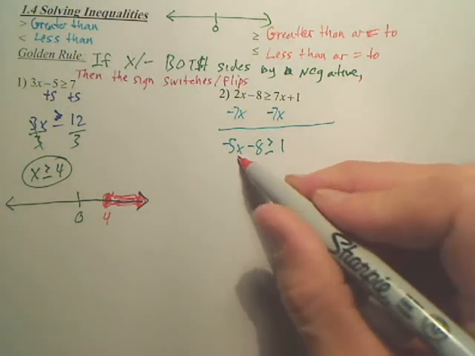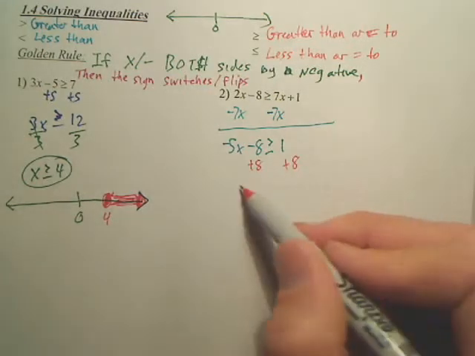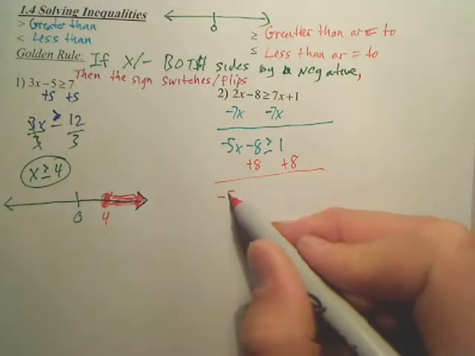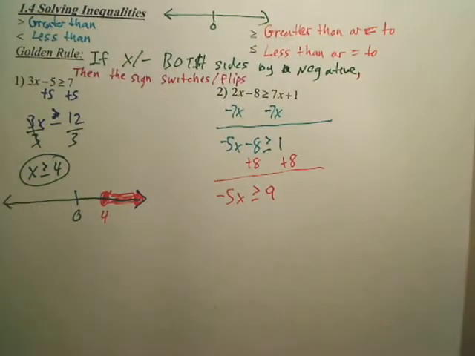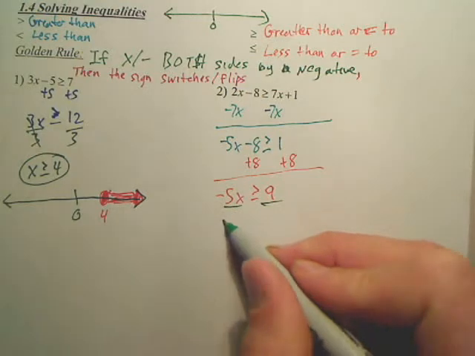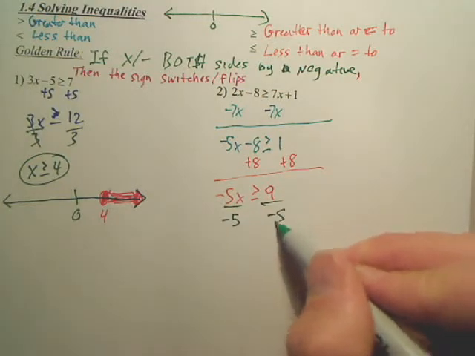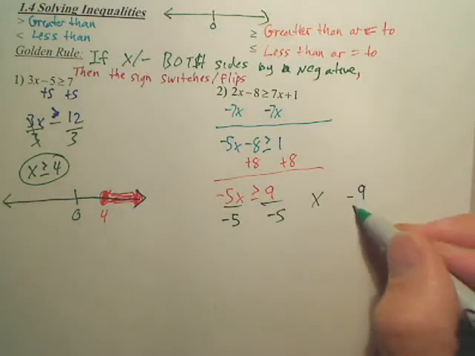Now, to get the x by itself, I add the 8 over. We good so far? Hopefully. Divide by negative 5. So my answer, that's negative 9 over 5.